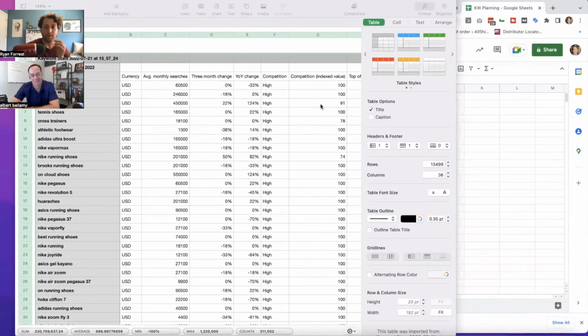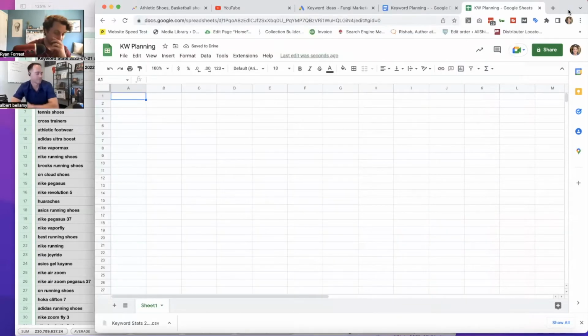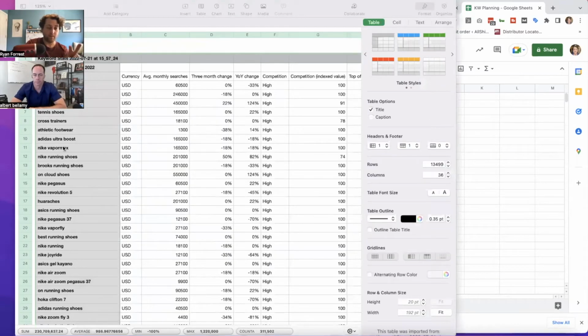While this is figuring itself out, what we would probably do from here is refine it down to either the top 100 terms, or start to work in the broad match or exact match terms we talked about earlier, like pairings with Adidas and Boost, or Nike and shoes.